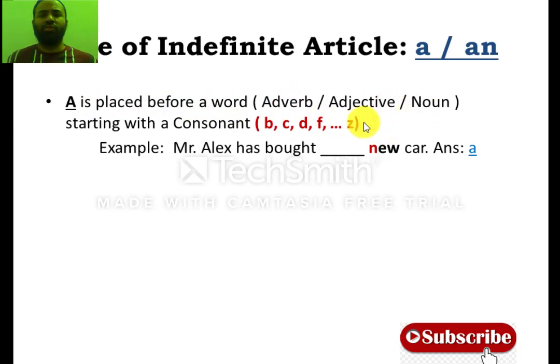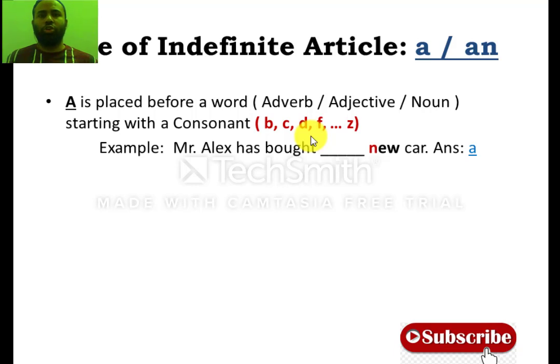Why adverb, adjective? We know article is used for noun words, okay? But to modify a noun, sometimes you will get some words, those are adverb and adjective. So that is why a is placed before a word, adverb, adjective, noun, starting with a consonant.